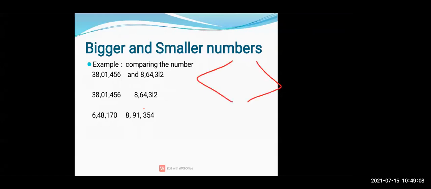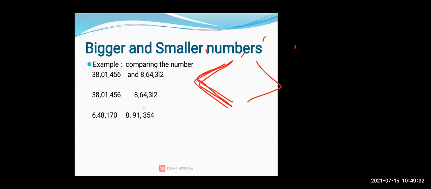This is our bigger and smaller symbol. ये क्या है? हमारे symbols हैं. किसके? Bigger और smaller के. कैसे करना है? Whenever the bigger number is there, in front of that number only, the crocodile mouth. ये crocodile का mouth क्या करना है? Open करना है, in front of the bigger number.